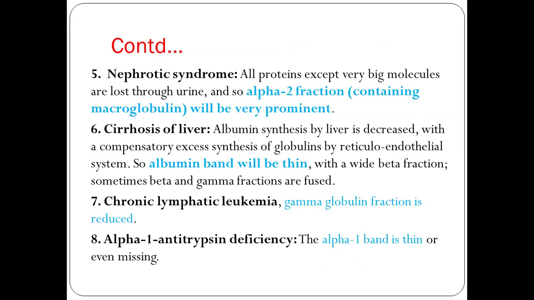In cirrhosis of the liver, as you all know that albumin is synthesized by the liver, albumin is going to decrease, so the albumin band will be thin. In chronic lymphatic leukemia, the gamma globulin fraction is reduced, whereas in alpha 1 antitrypsin deficiency, the alpha 1 band will be thin.